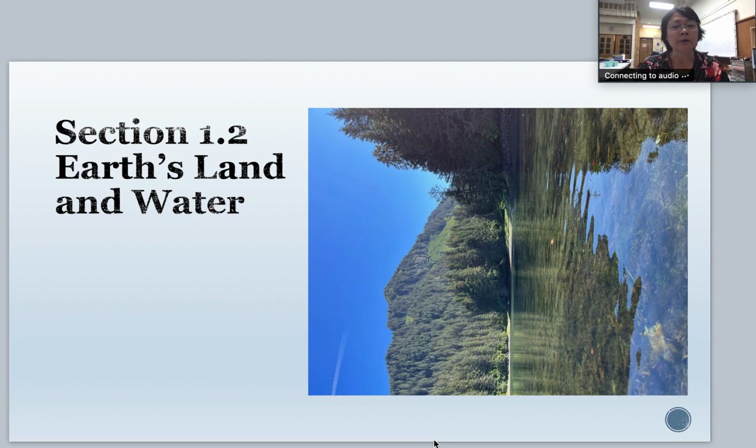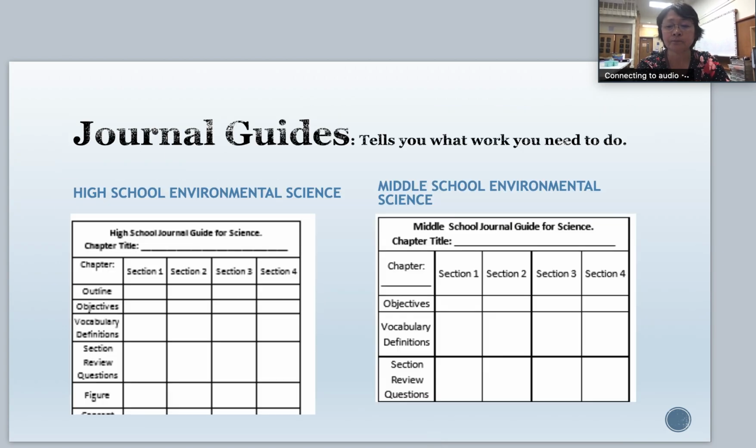So with environmental science, we are now in section 1.2 in the chapter, and the title of this chapter is Earth's Land and Water. Using our journal guides to guide us with the work to be completed by you: for high school students, now we are in section 2, so we are going to review the outline, the objectives, vocabulary definitions, section review questions, and the figure.